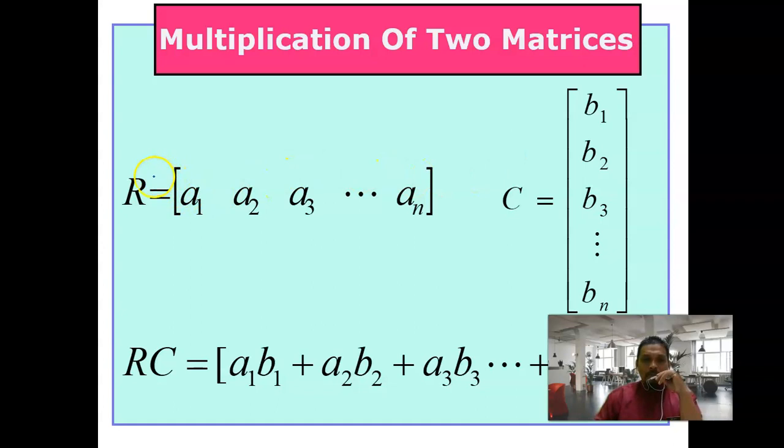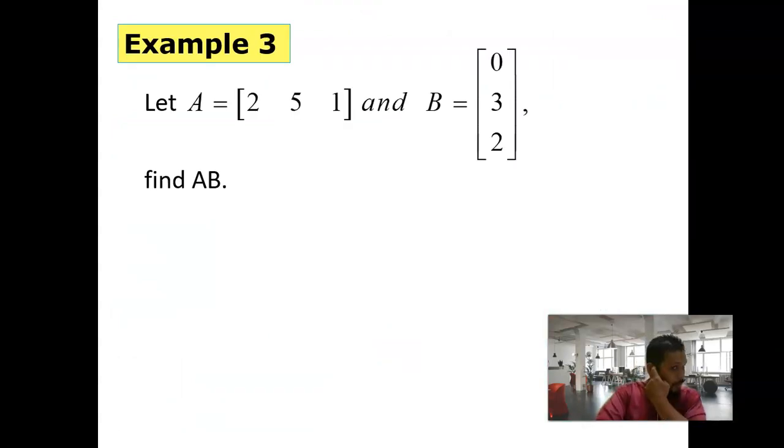So we call one row 1 times n, and this one is n times 1. Okay. Example 3.